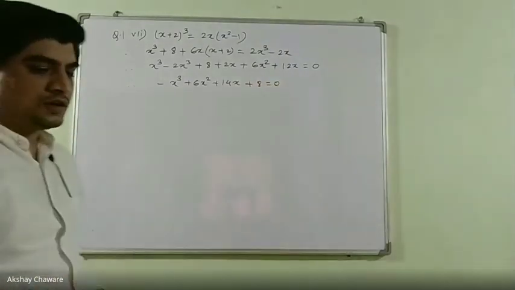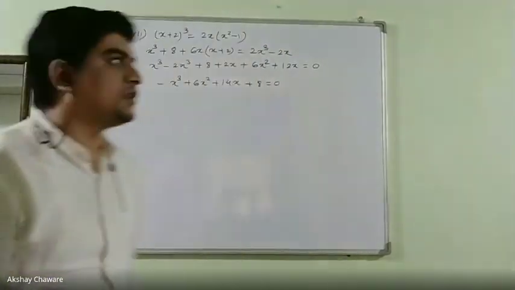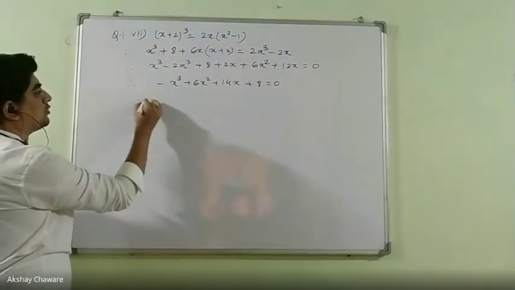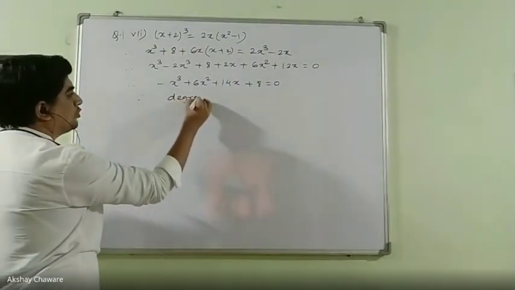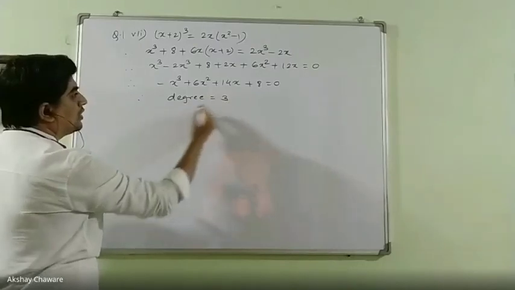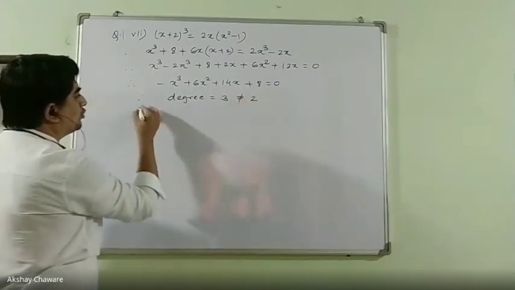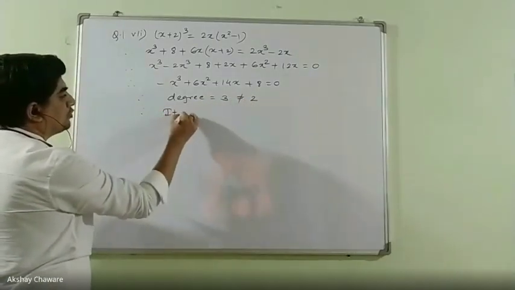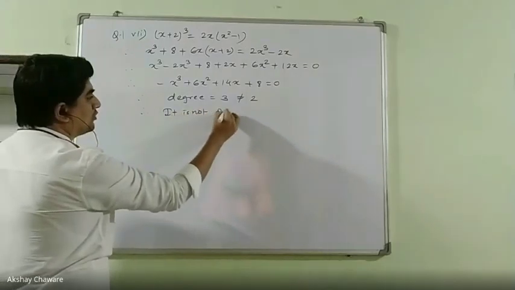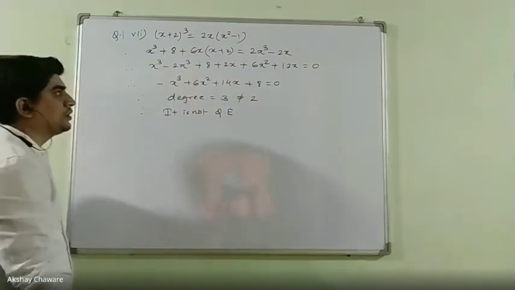Now clearly the highest power is 3. So the degree is 3, which is not equal to 2, and therefore it is not a quadratic equation.